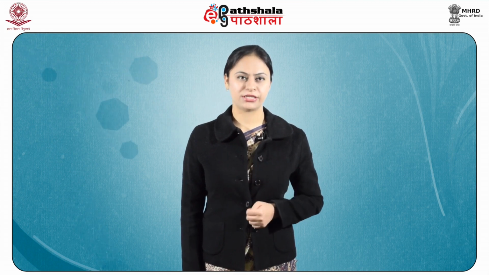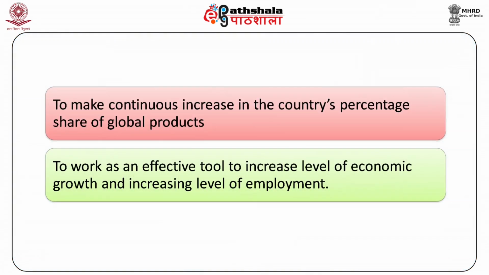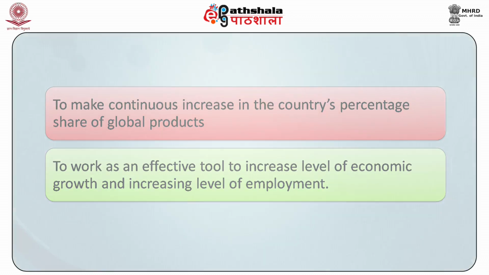It therefore revolves around two main objectives: to make a continuous increase in the country's percentage share of global products, and to work as an effective tool to increase the level of economic growth and the level of employment.